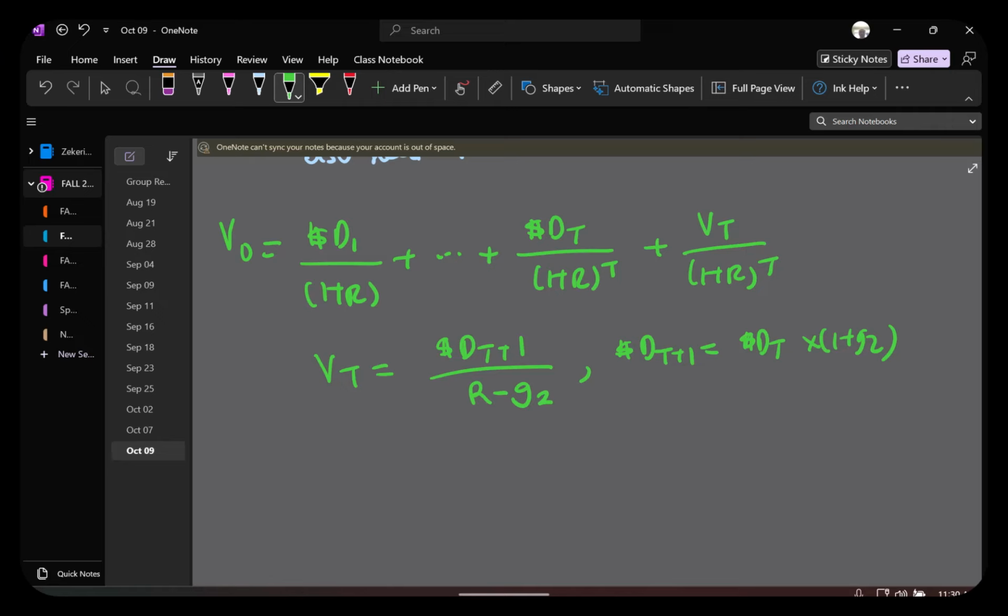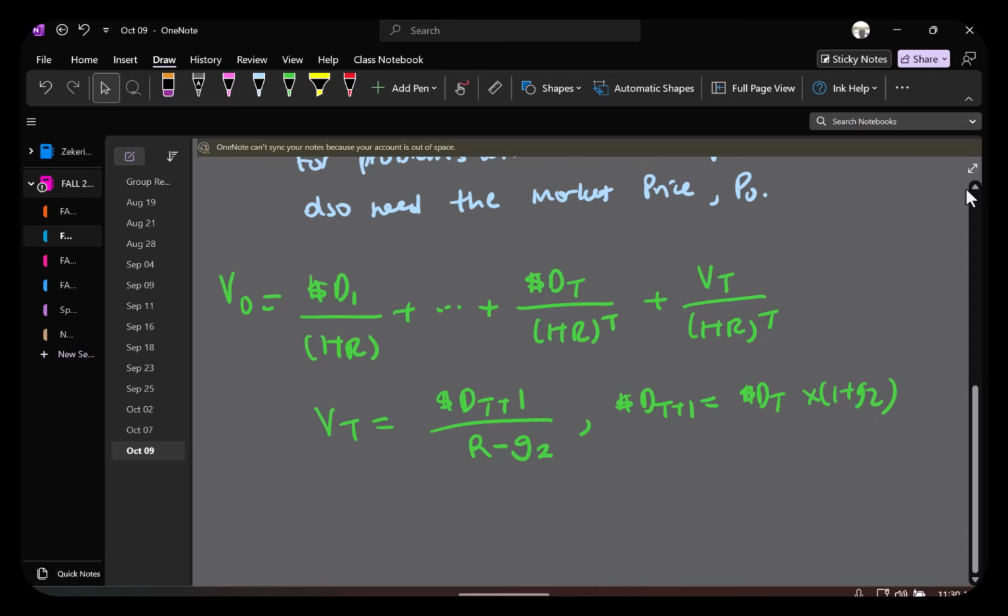Once I have terminal value, I get the value of the second stage or the late stage. So this is early firm. This is late firm.